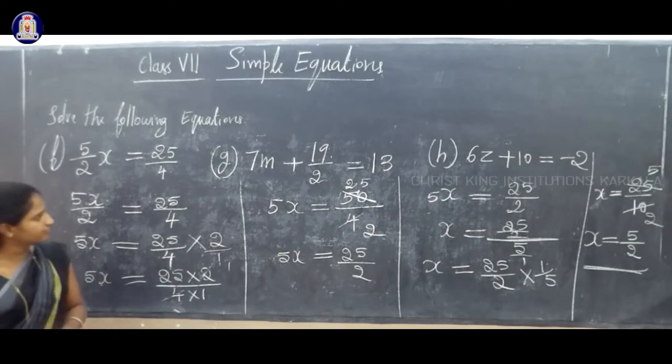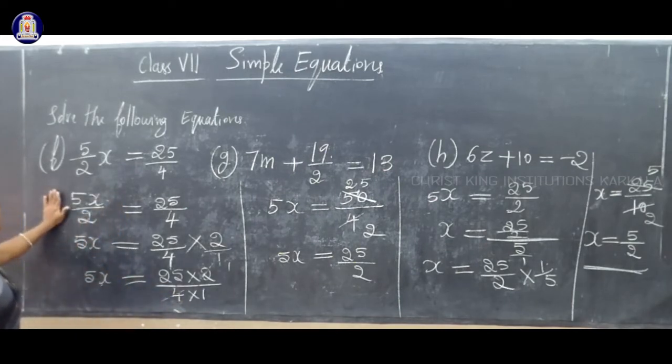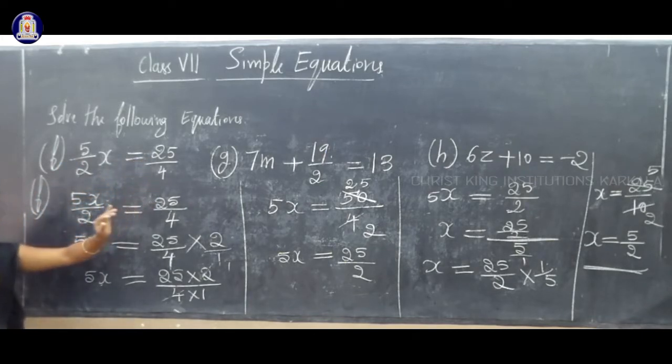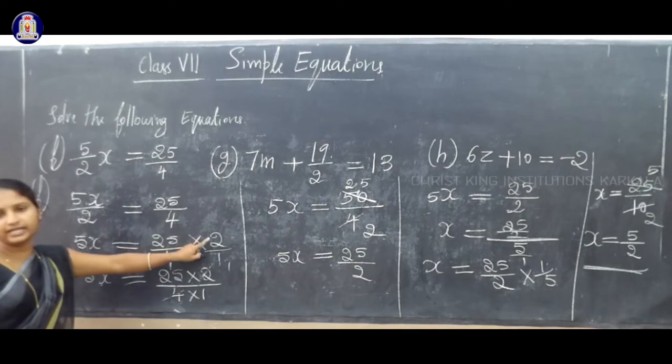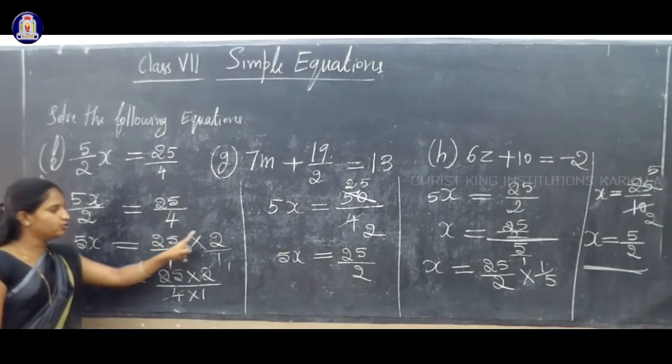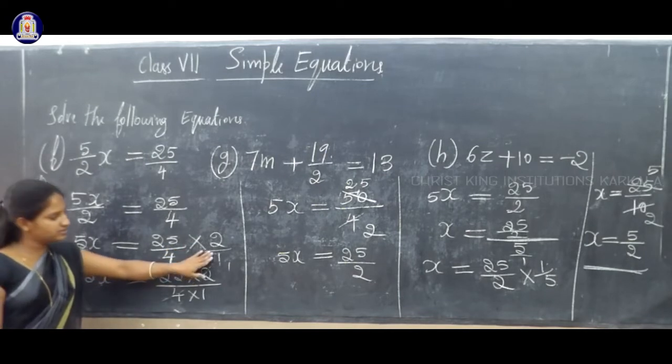So from where did we start? Let's see here, this is the solution to this equation. Which equation? 5 by 2 into x is equal to 25 by 4. So first what we have to do? See the denominator it is 2. This 2 is multiplying to the right hand side. Clear? So we will get 25 by 4 into 2 by 1. This 1 is extra we are writing.